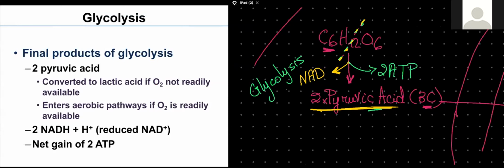And the hydrogen transporter here is going to be NAD. So now you are getting rid of 2 hydrogens. So I have 2 NADH that will be formed. And I've lost energy. I'm producing 2 ATP.